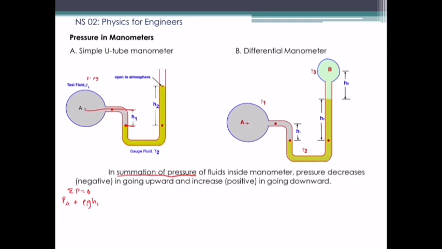From this elevation up to here, the elevation is H2. You go up, therefore that is negative pressure, a decrease in pressure, so negative rho GH, with H2 the height, for fluid 2.